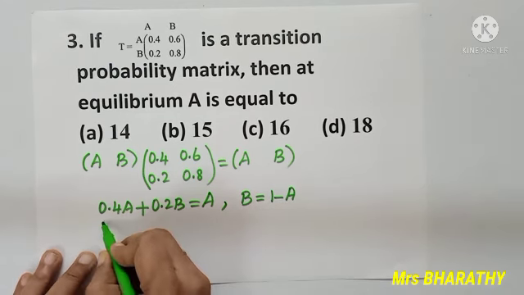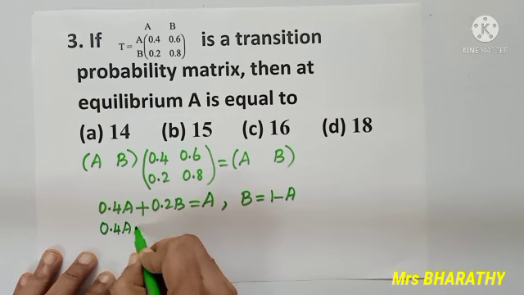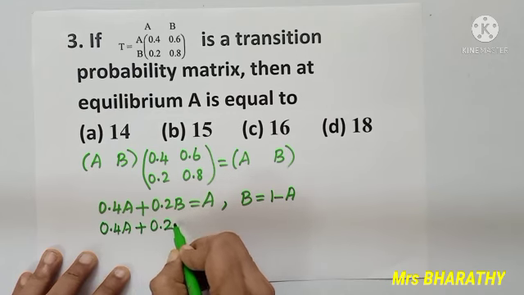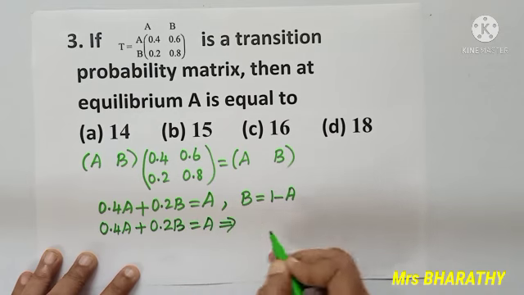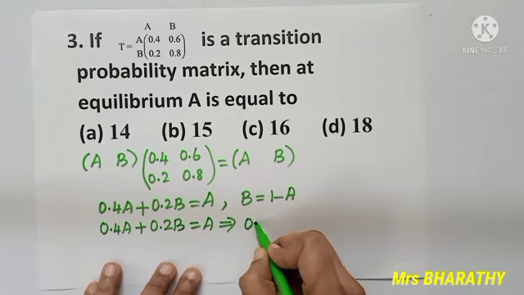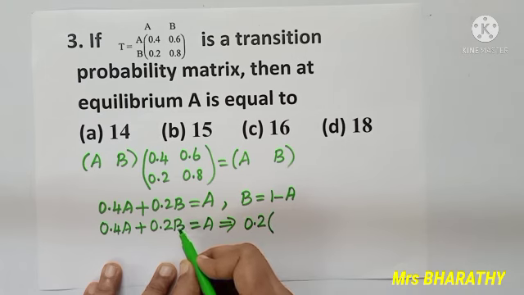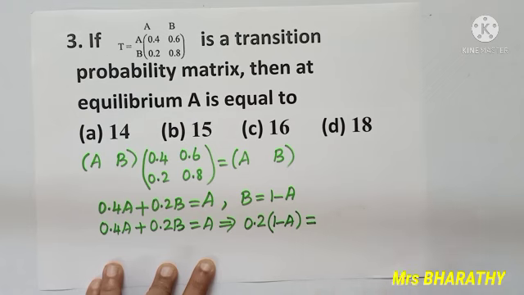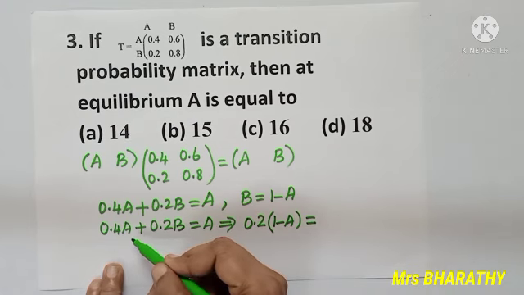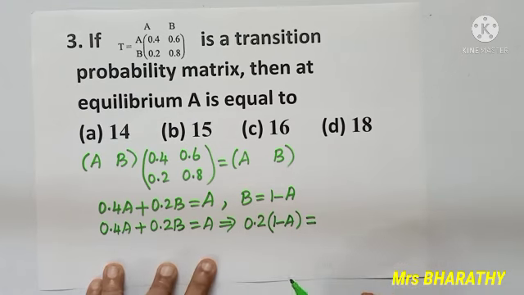Now 0.4A plus 0.2B equals A. I can rearrange: 0.2 into, wherever B comes, I am writing 1 minus A. This 0.4A, let me take to the other side.